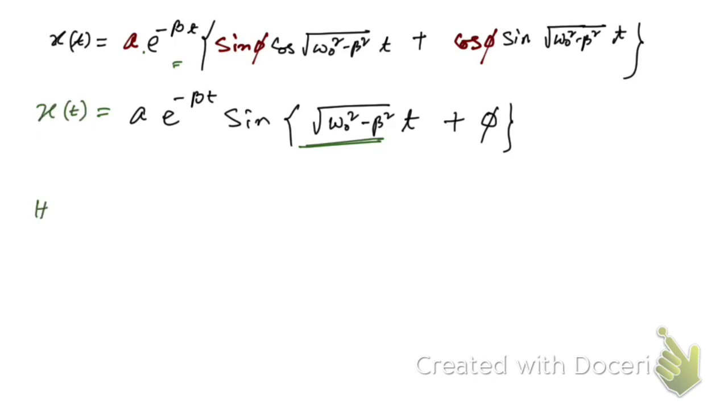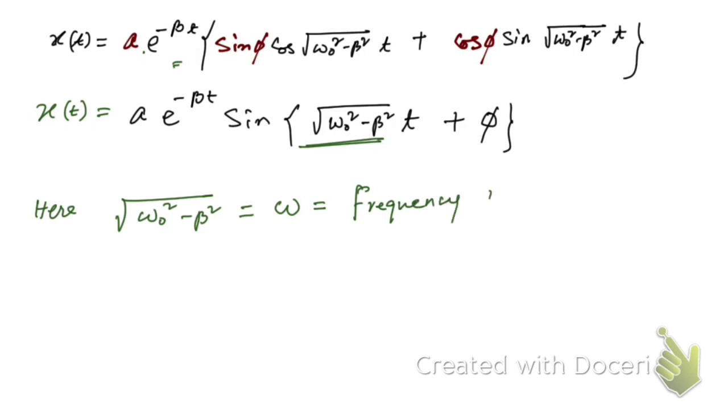This root over omega naught square minus beta square, let it be omega. This is the frequency of the damped oscillator.